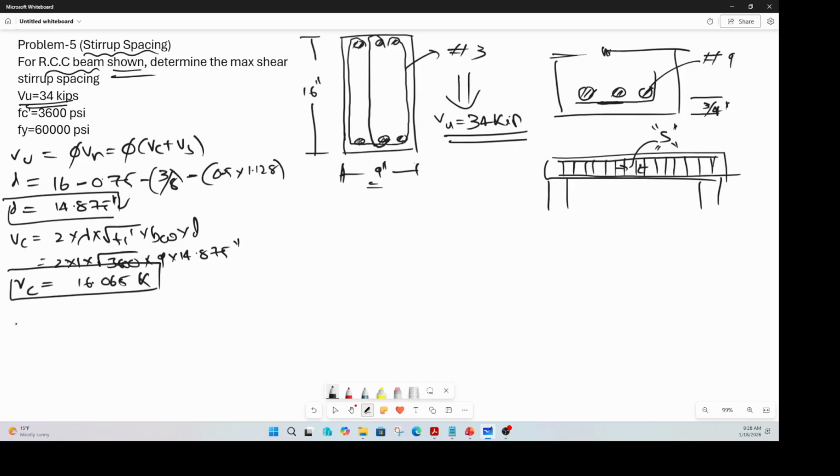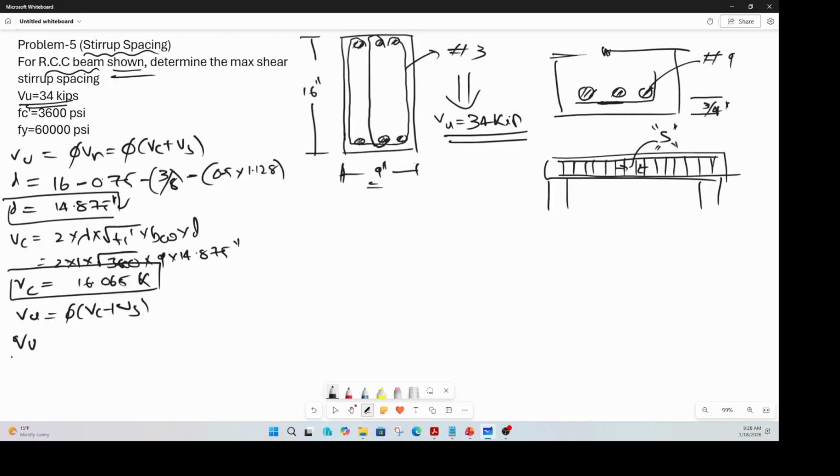Okay. Now you calculate Vs. We don't know the spacing, so that's what we are looking for. So we need to find out what Vs is. Vu is nothing but phi times Vc plus Vs, right?